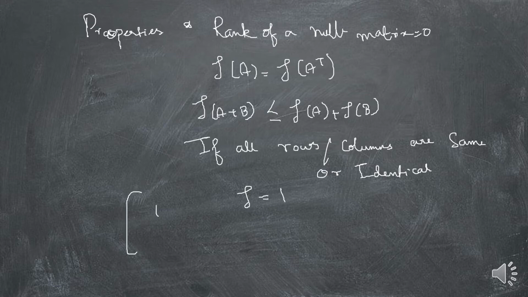For example, if your matrix is all 1s, then you can just write the rank as 1, because all the rows and columns are identical.